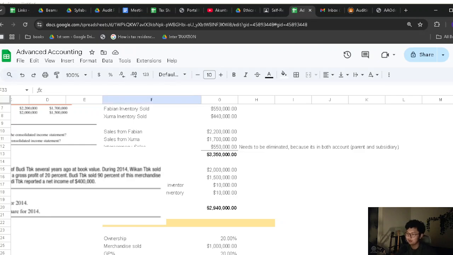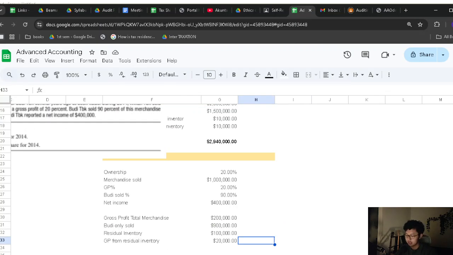And so from this inventory, there is a gross profit percentage of 20%. If they sell it, they'll get a gross profit of 20%. That means that the gross profit from the residual inventory should be 20% of 100, which is 20. And so this 20 is a gross profit, but it should not have been realized yet because they haven't sold it.